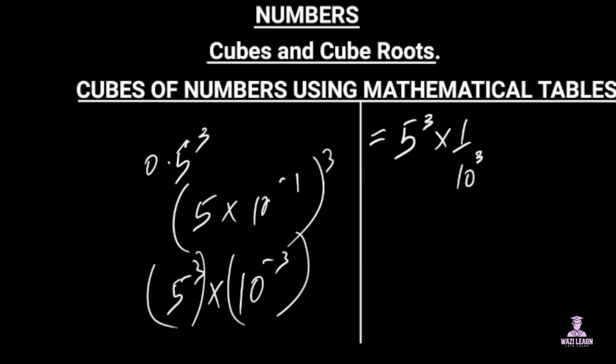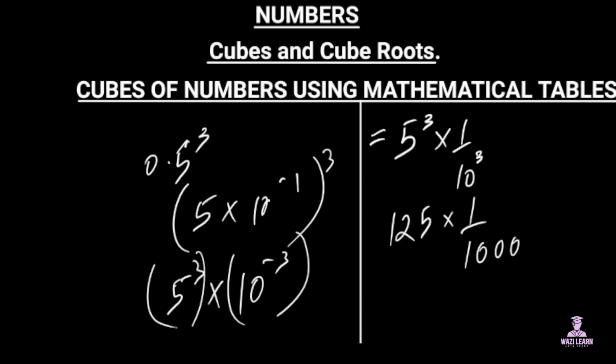So the cube of 5 using our mathematical table is 1.125, times 1 over 10 cubed, which is 1000.